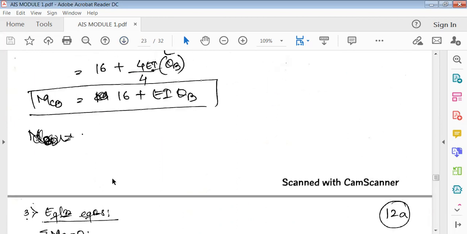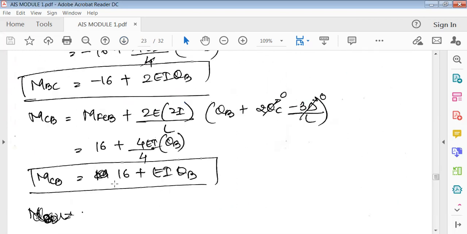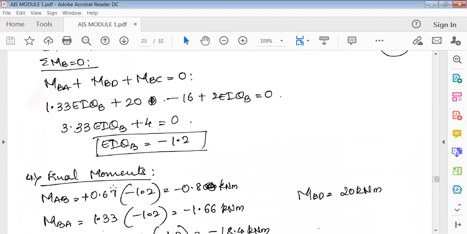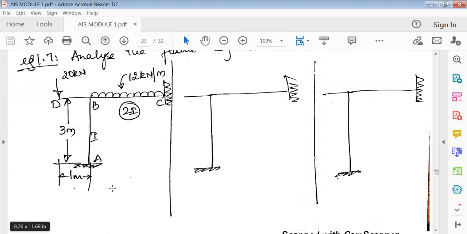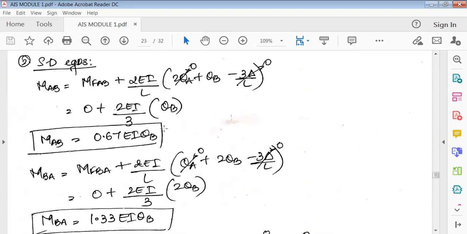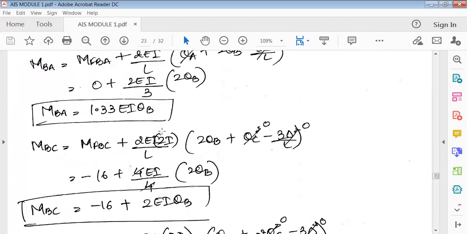Then MBC. Then you have to write MBD. MBD, there is no need to write it here because you'll get the direct value. I've already calculated MFBD, that is plus 20. So you can use it directly here.